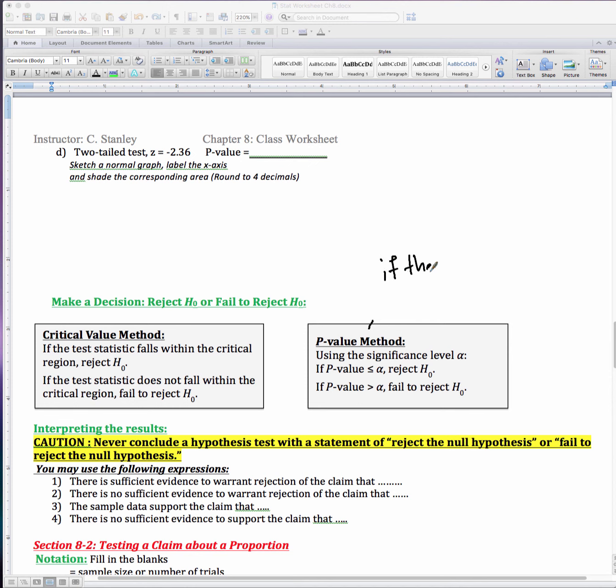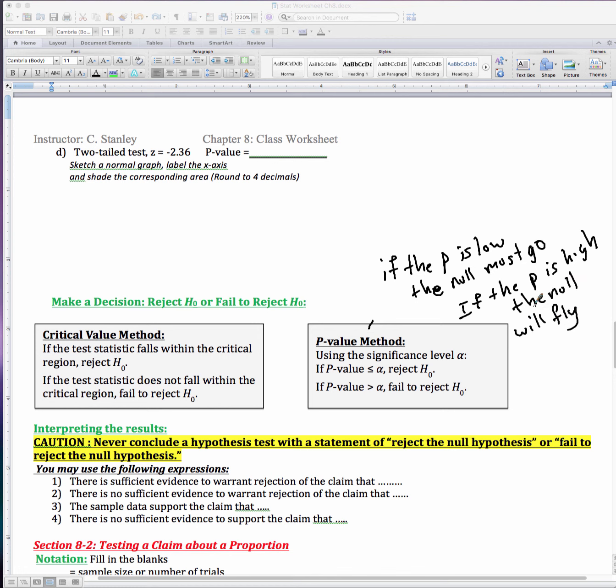If the p is low, the null must go. If the p is high, the null will fly. So maybe practice that thing.